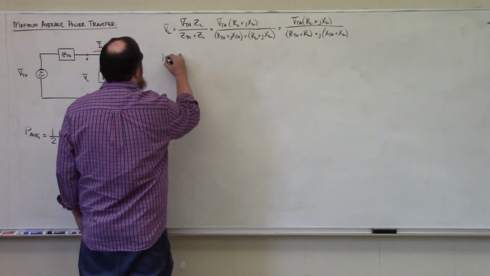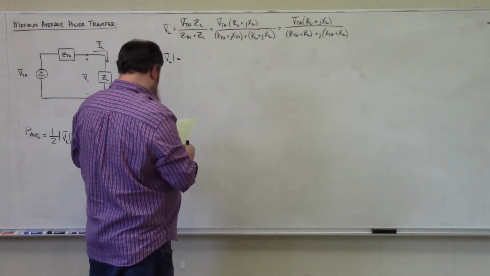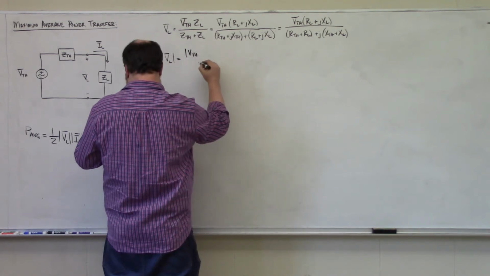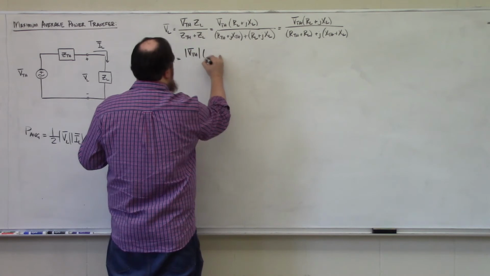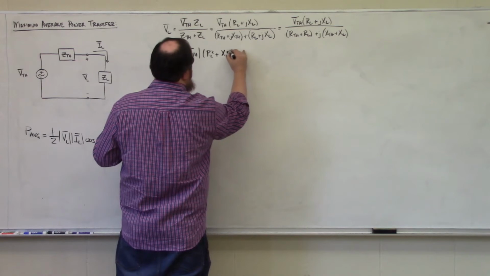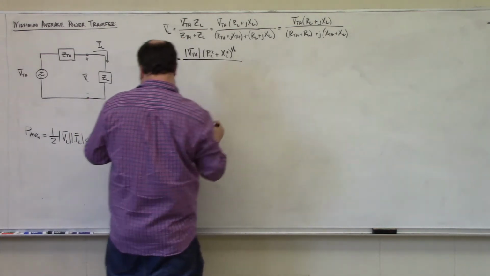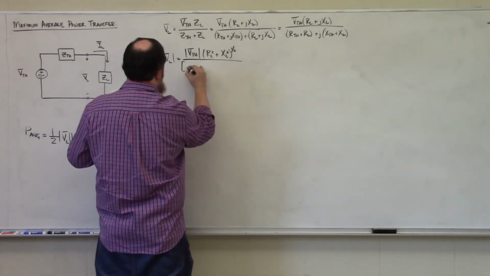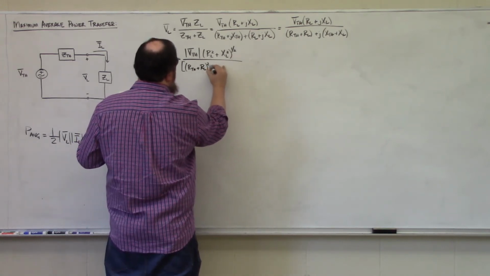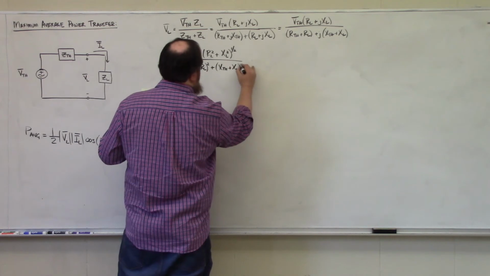So we can see from that definition that the magnitude of VL is going to be the magnitude of VTH times the square root of RL squared plus XL squared, divided by the square root of (RTH plus RL) squared plus (XTH plus XL) squared.